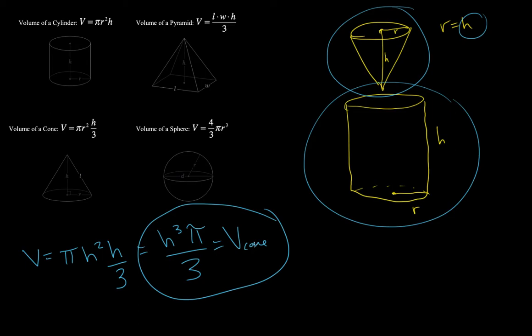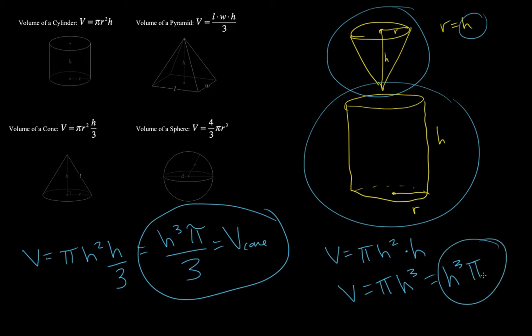Now, if I find the volume of the cylinder, I get volume equals pi h squared times h. Once again, I'm replacing the r in the formula with an h. And so the volume is pi h cubed, which I could also write as h cubed pi.